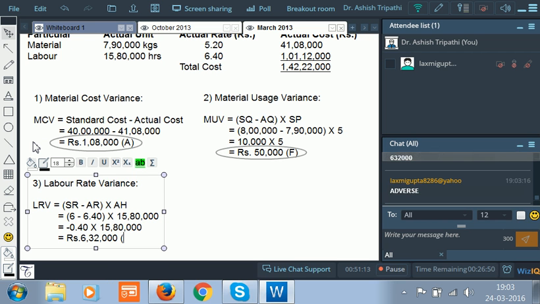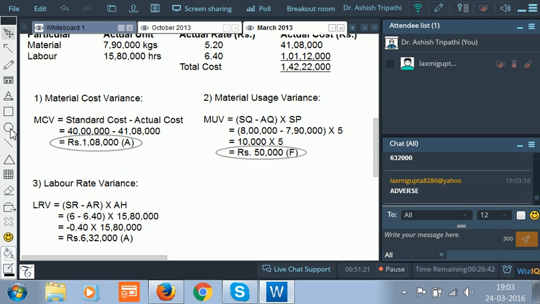So we will write rupees 6,32,000. Very good. Adverse. Circle the answer. We will solve the fourth part.